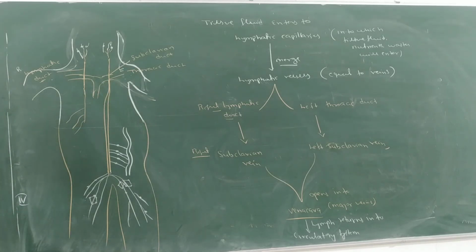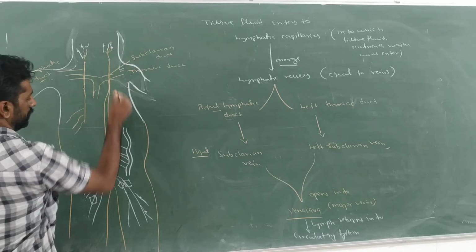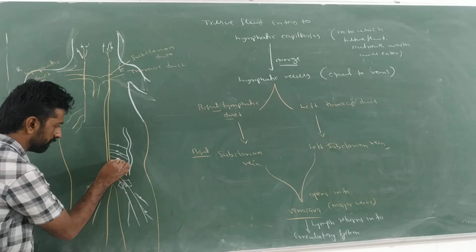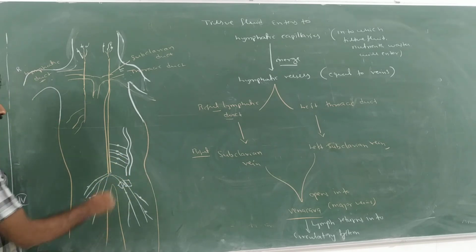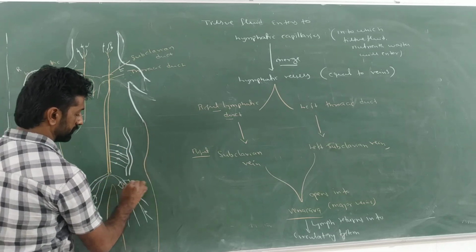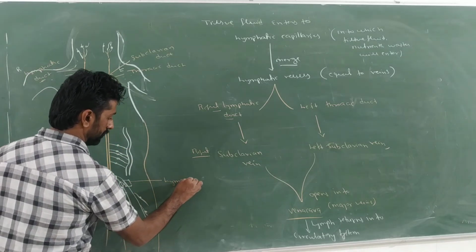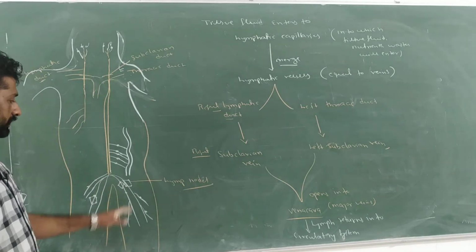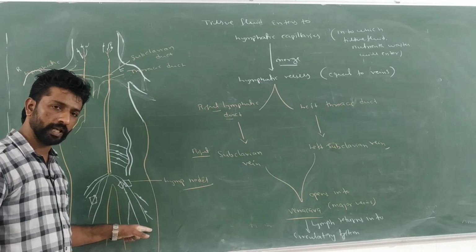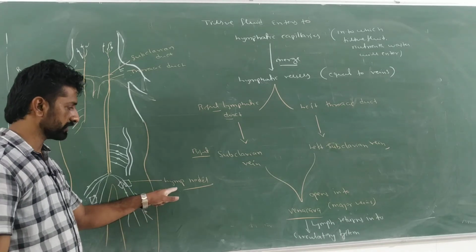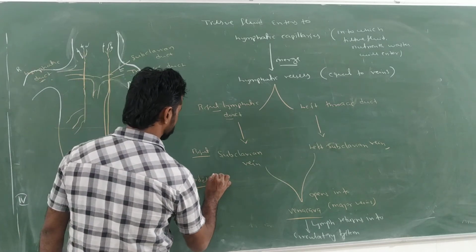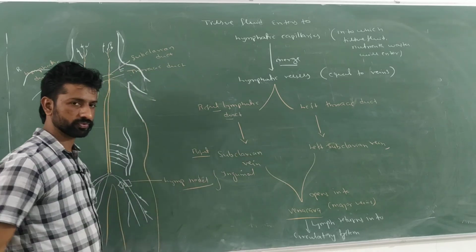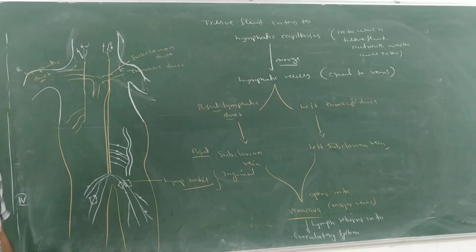Now, here and there in these lymphatic vessels, we can find the formation of nodules, right? What are these called? These are called lymph nodes. If they are present at the lower limbs, they are called inguinal lymph nodes, present near the inguinal canal of the reproductive system.